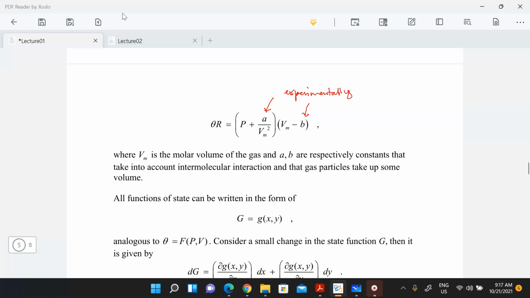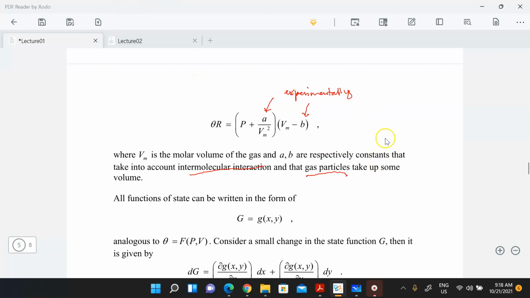Your A represents some kind of intermolecular interaction. Your B is the one that takes up the volume of the gas particles. So you subtract from the volume of the vessel the volume of the gas particles themselves. So this would be a more realistic equation.